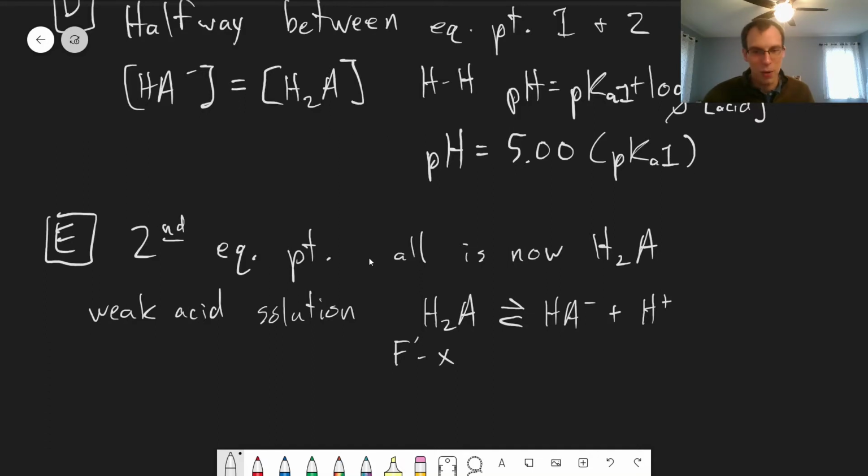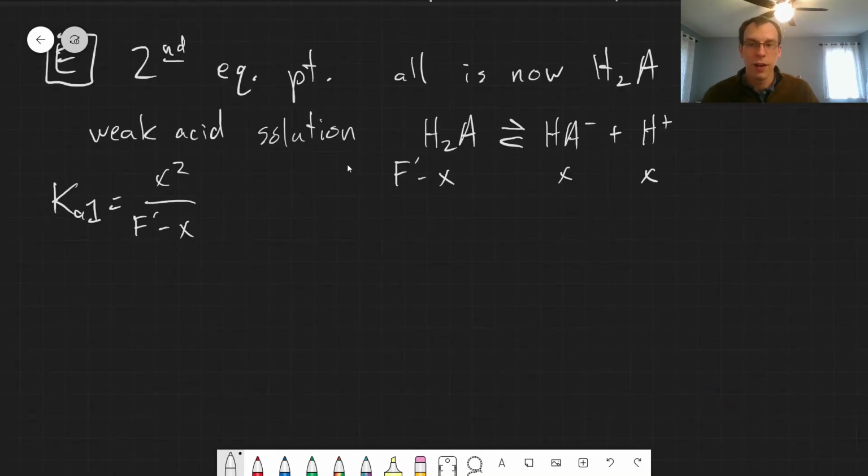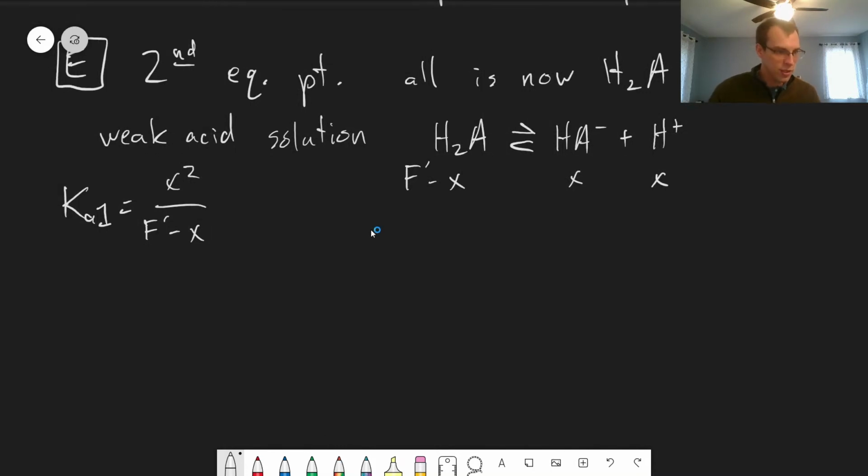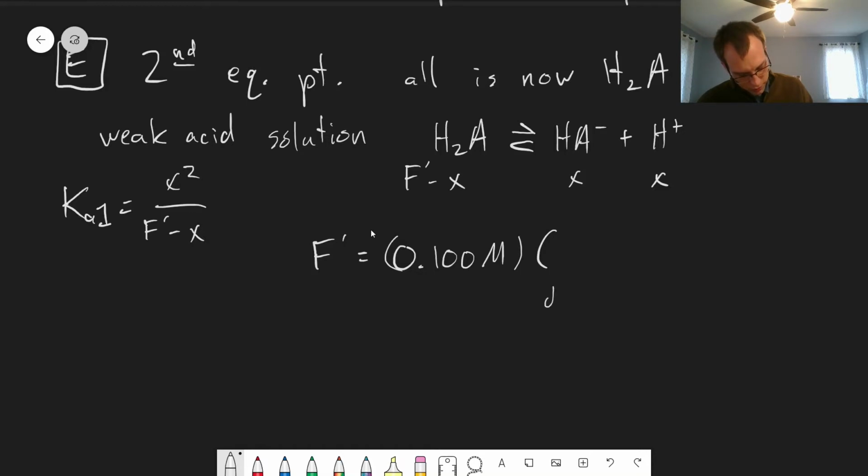We've diluted this by quite a bit, and form X and X. So we will use Ka1 is equal to X squared over F prime minus X. So we need to find what is that final concentration that goes into the F prime. So F prime is going to be equal to, our initial concentration was 0.1 molar, and we'll have our dilution factor.